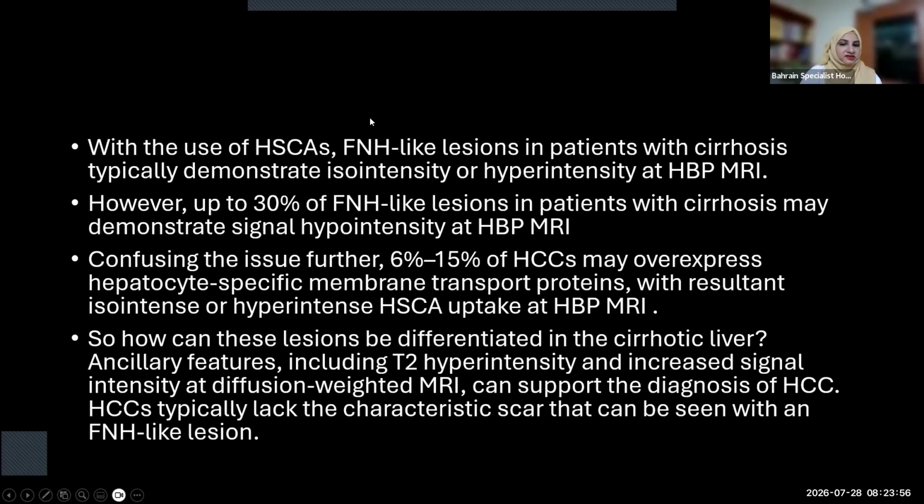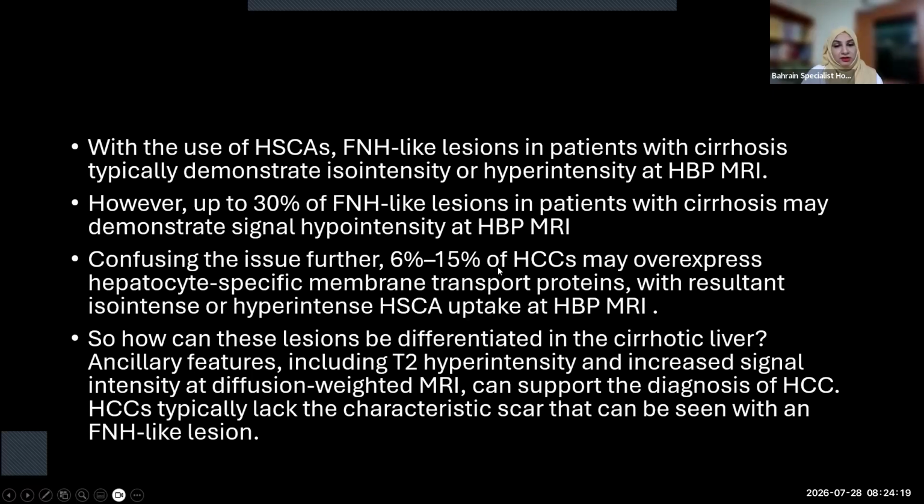On the delayed phase, which is the hepatobiliary phase in the MRI, about 20 minutes after the IV contrast, these lesions either light up or become the same in intensity as the background liver. However, in 30% of cases, these lesions in cirrhotic patients may appear dark, again confusing the imaging scenario.